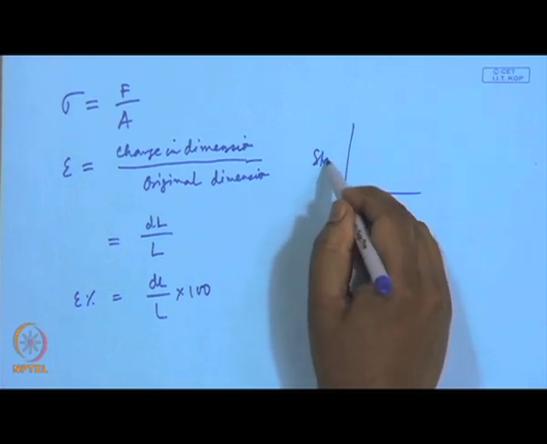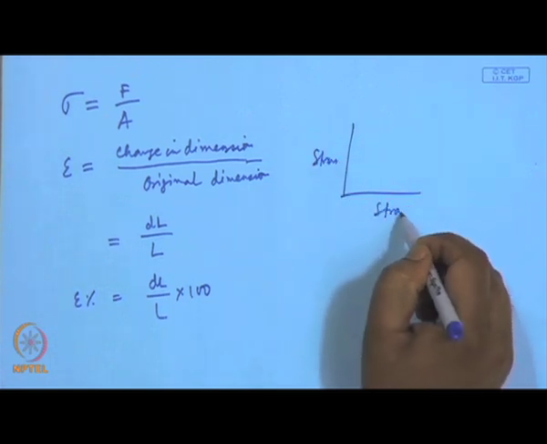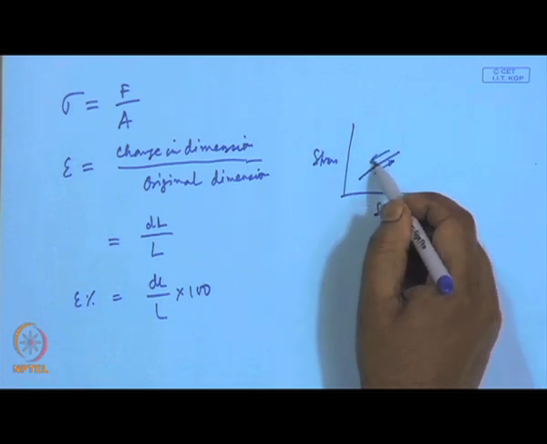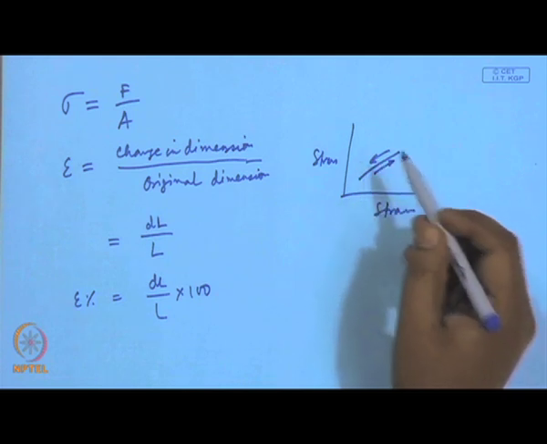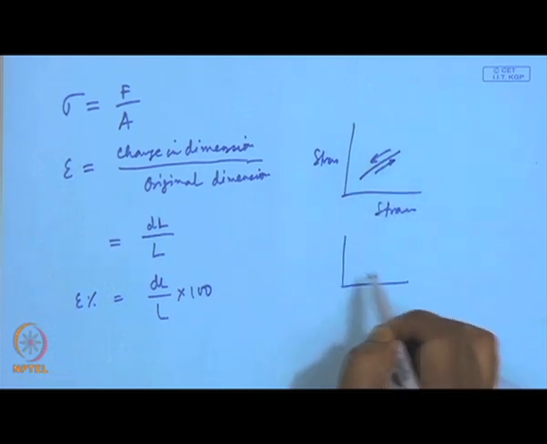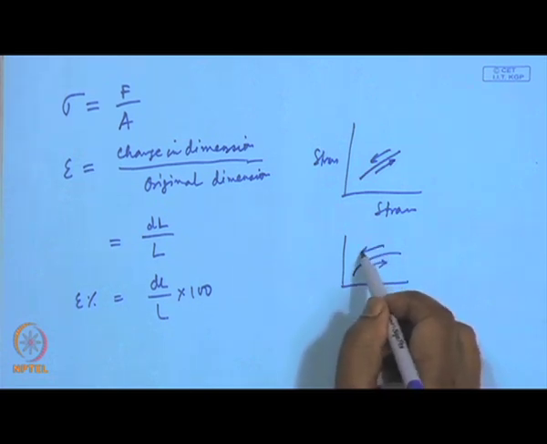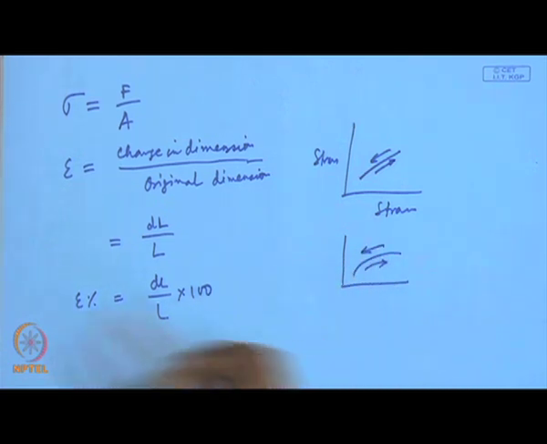Then we call this elastic deformation. It could be linear if the stress strain behavior is linear. So, it goes from here and comes back in the same path. It is a linear behavior, and if it is something like that, it goes this way and comes back, then it is a non-linear elastic behavior.